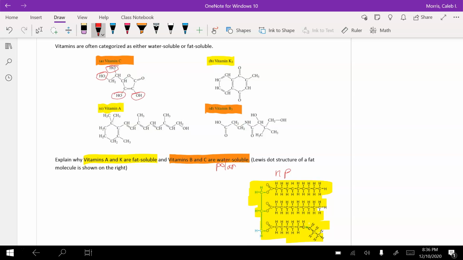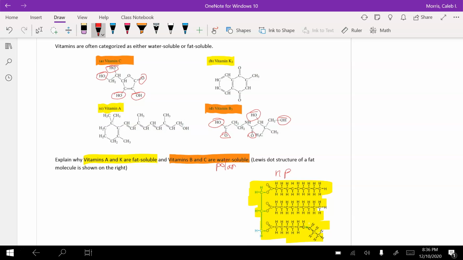We've got some other dipoles, but those are very, very strong dipoles. When I look at vitamin B, I've got several OH bonds, and there's also some oxygens that form dipoles. There's an oxygen here that forms a dipole, not as strong of a dipole as an OH bond, but it's there.